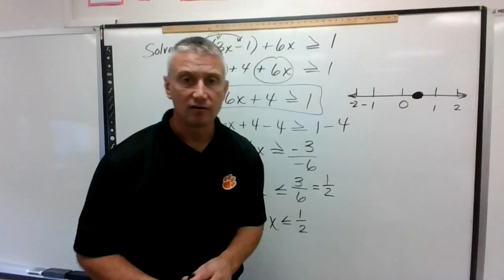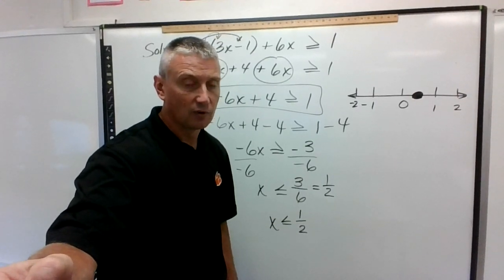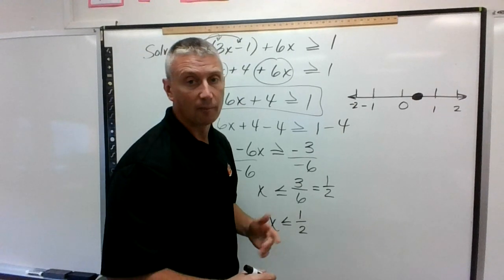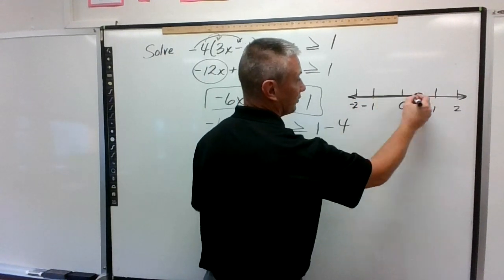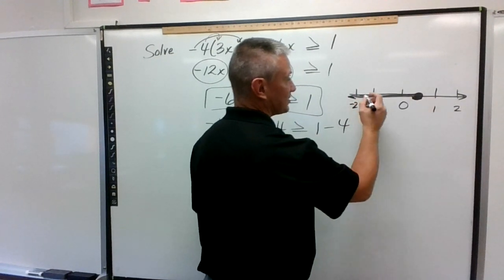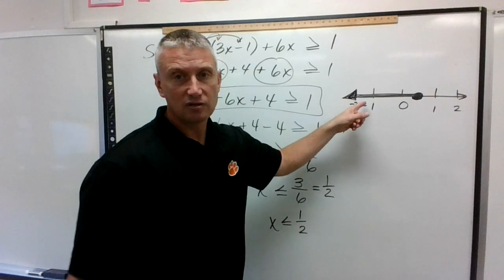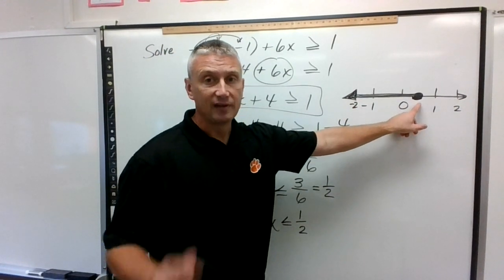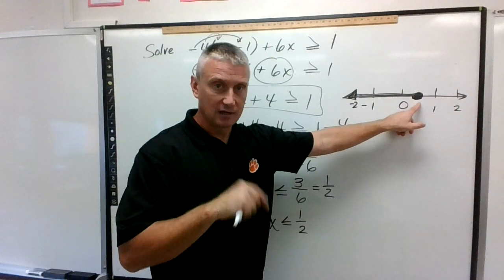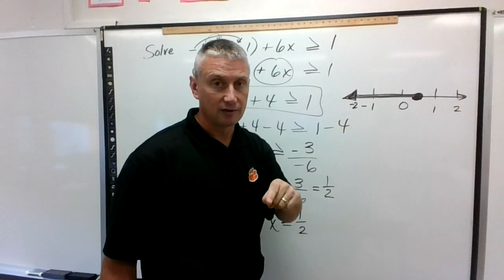And then the second thing you need to do when you read it is it says x is less than or equal to 1/2, which means all numbers, integers, fractions, decimals that are less than, or this direction, has to be shaded. So the number line needs to be shaded and the arrow has to be shaded, which indicates that 1/2 is an answer because it's less than or equal to, and everything below the number 1/2 is also an answer to this.